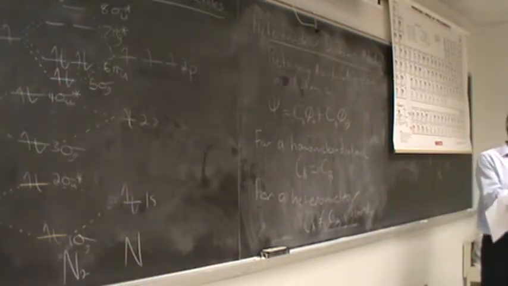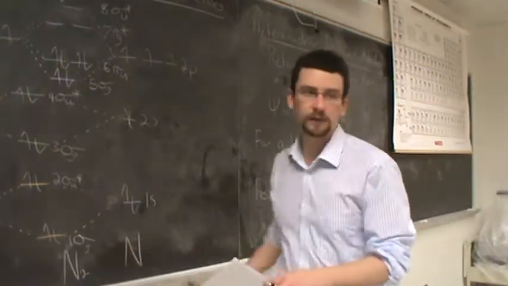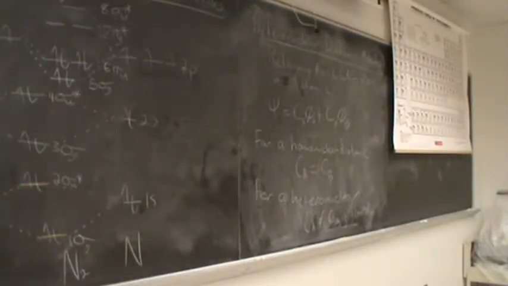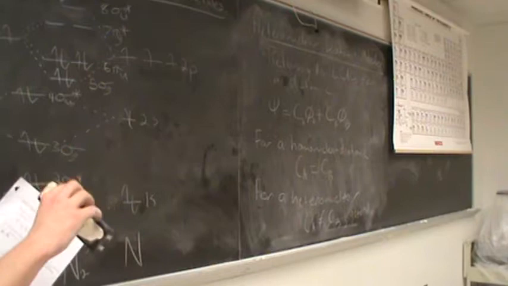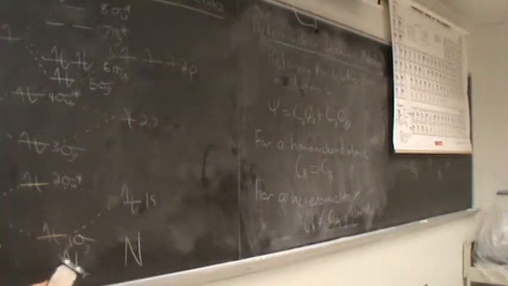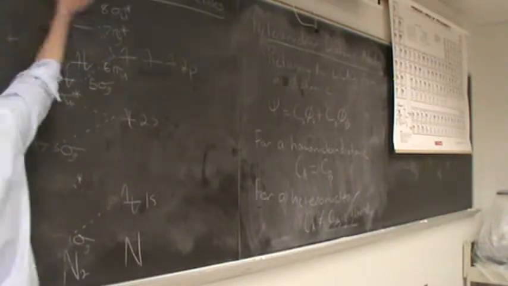There's always probably going to be a case where that isn't true. Now let's look at a situation where we're comparing two atomic orbitals that are different to one another. And let's see what happens to the corresponding molecular orbitals.